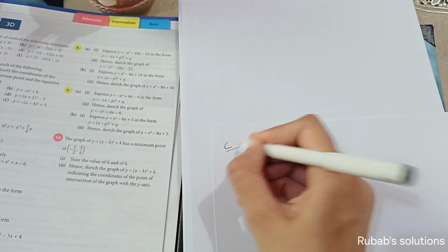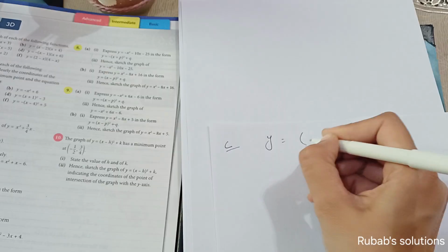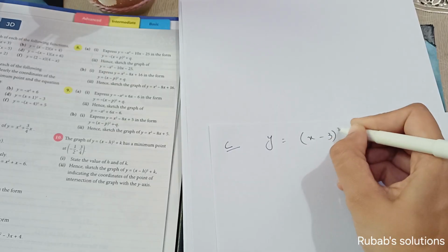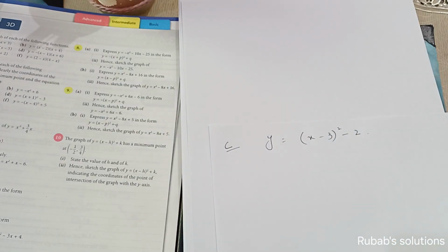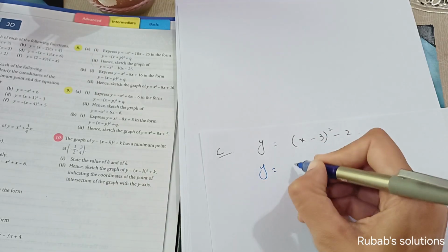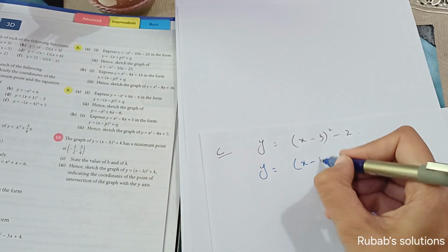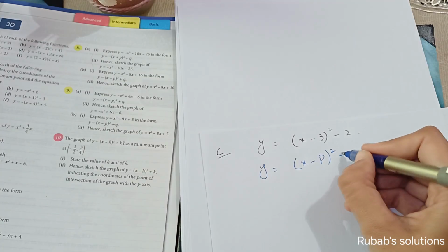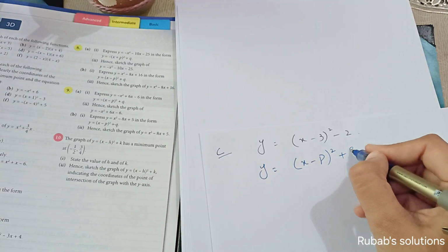Moving towards the next question, part C. Let's see what it is. y is equal to x minus 3 whole square, minus 2. It's already in factorized, completing square form. That means it's already in the form x minus p whole square plus q. Clear?